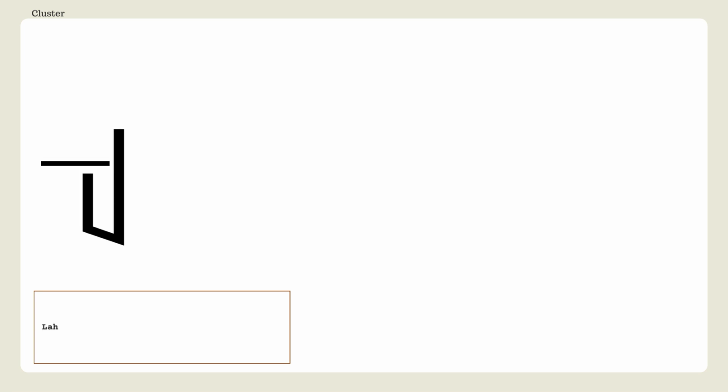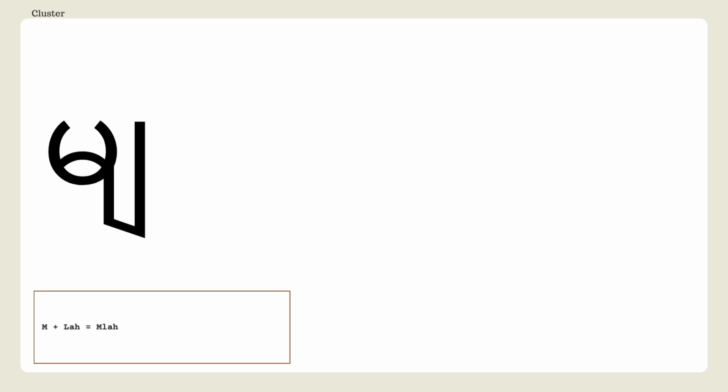This is how the la looks, and then you will place your consonant where the little dash is. You don't have to connect them, but in this case, because of the font, they are connected. So do keep that in mind. So ma, la is mla.